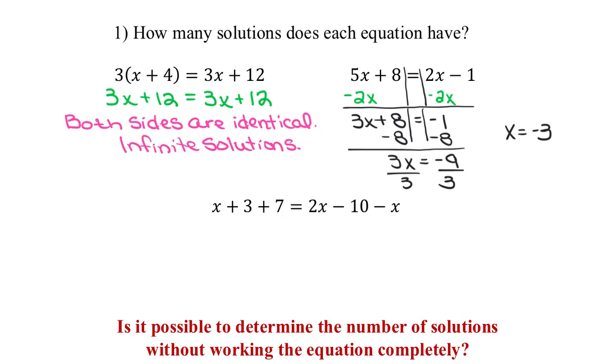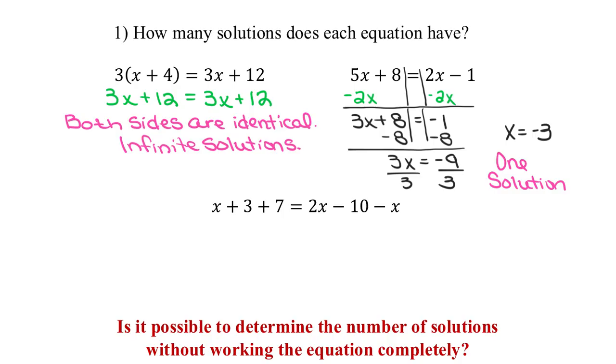Can anybody tell me where I can identify in this problem that there's going to be one solution? I was able to get all the way through without having to stop for anything. Nothing canceled out of it.